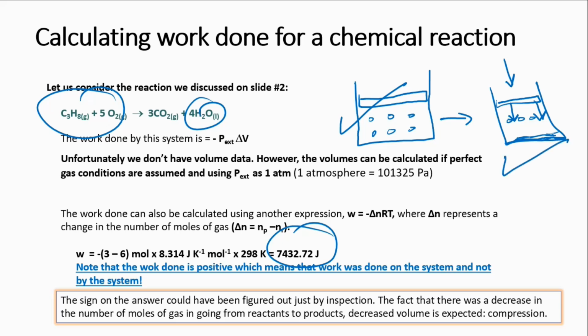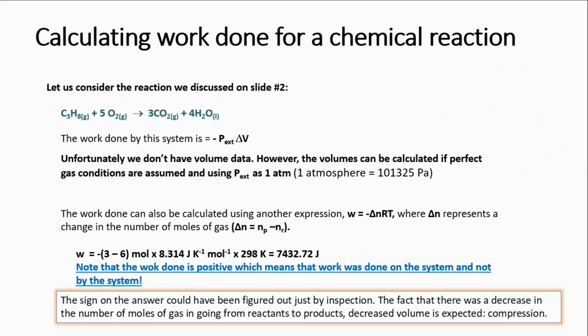You release some of the air molecules, so the balloon becomes soft. Work was done on the balloon and not by the balloon. You see, it's compression, and so the work for this is positive.